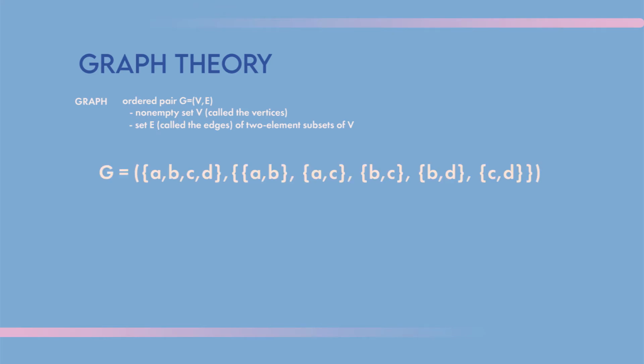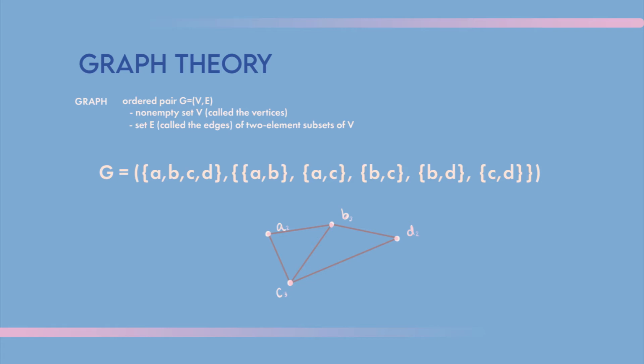Now, since we aren't computers, that is quite difficult to visualize, so we draw a representation of these sets, wherein the vertices become dots and the edges become lines. Now, a vertex V in a graph has something called a degree, and its degree is equal to the number of edges attached to it.